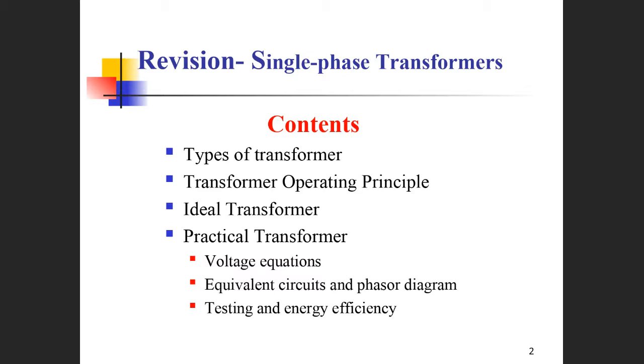And we showed you how to test single phase transformers. We have various types of testing, typically the open circuit tests, short circuit tests, full load tests, and so on. We showed you how to analyze the efficiencies of a given transformer, and how to estimate the voltage regulation of a given transformer.